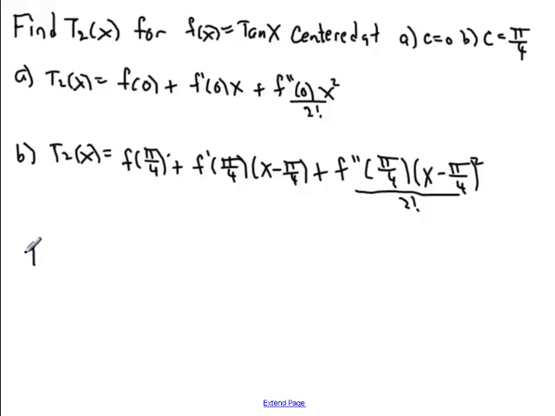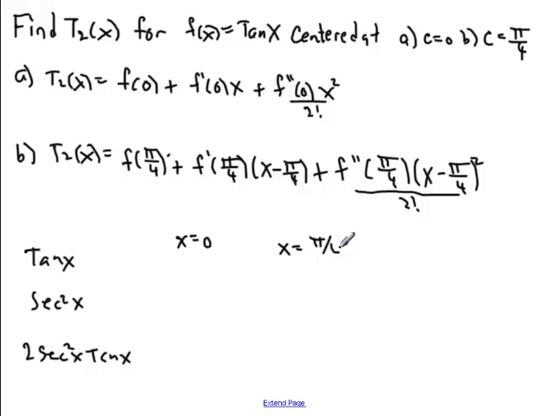So we have tan x, then its derivative secant squared x, and the derivative of secant squared, which is 2 secant x times the derivative of secant, which is secant tan, giving us 2 secant squared times tan x. So let's evaluate at x equals 0, and again at x equals pi over 4.